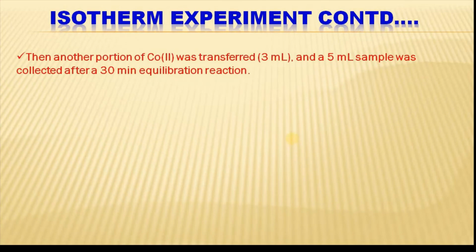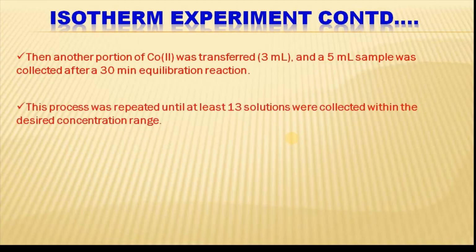Then another portion of cobalt was added to the suspension, usually 3 milliliter, and 5 milliliter sample was collected after 30 minute equilibration time. This process was repeated until at least 13 solutions were collected within desired concentration range.